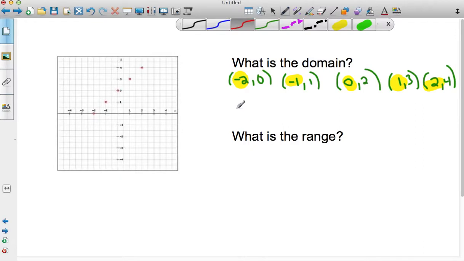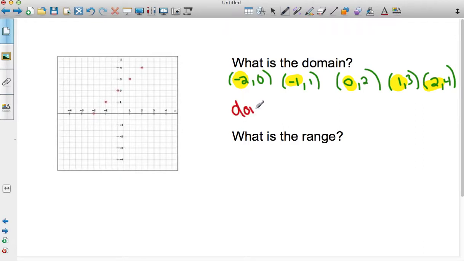We would say domain, spell it right this time, is -2, -1, 0, 1, 2. Now, if this would have been a connected graph, we could have put -2 through 2, but because it's just separate points, we have to keep them separated in terms of their answers.